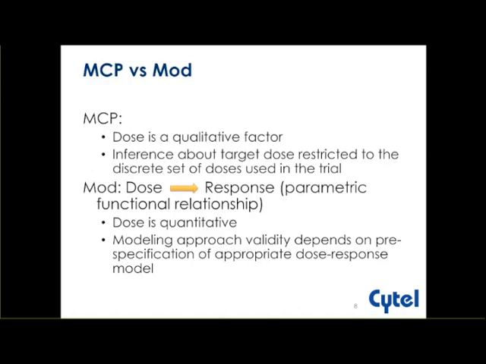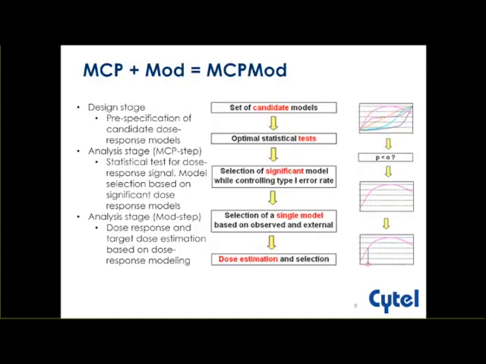So these two components, the MCP methodology and the Mod, are actually being put together, and they construct the MCPMod methodology. I'll be explaining essentially the difference between the traditional pairwise comparisons and this use of dose-response modeling.